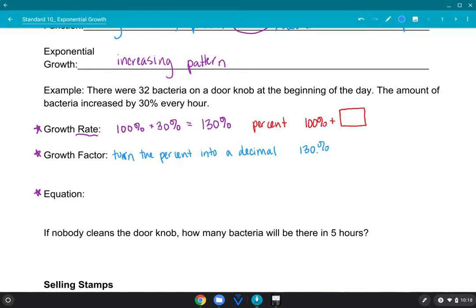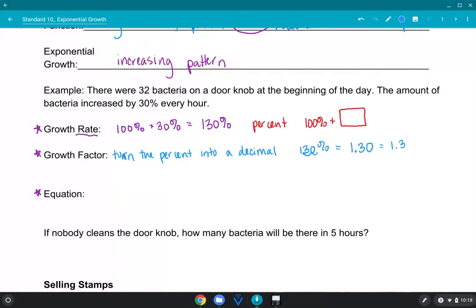What you do is you move the decimal back 2 spots. Always, you move it to the left 2 spots. So your growth factor is 1.30, or most math people would just write this as 1.3. But this means that there's been an increase of 30% of the bacteria on the doorknob.